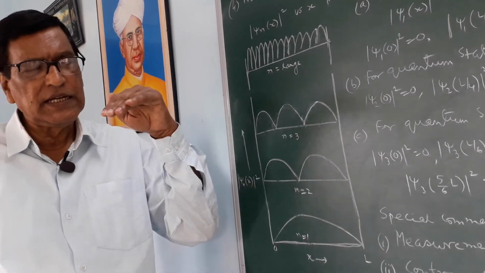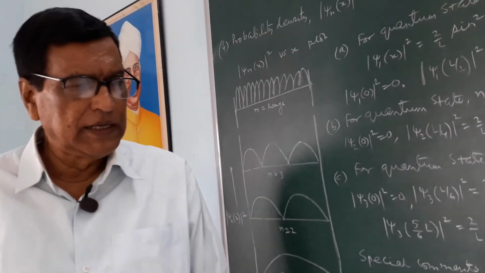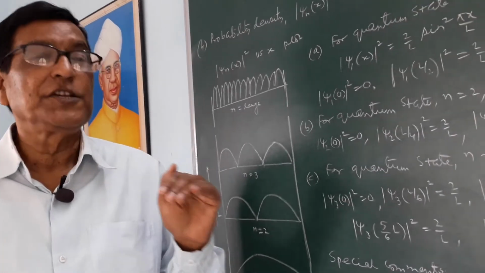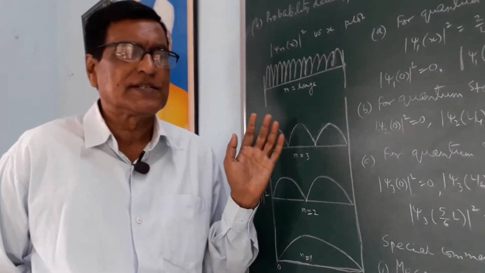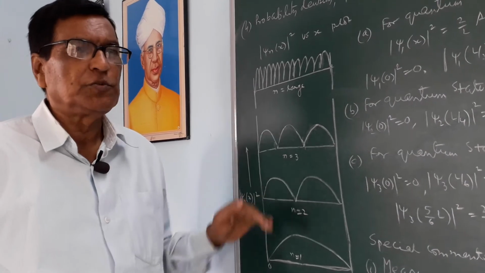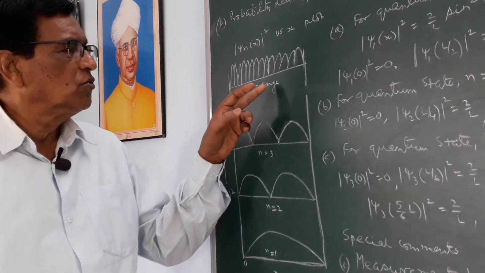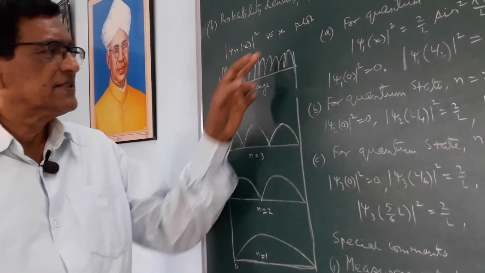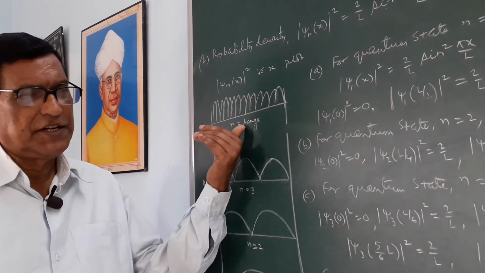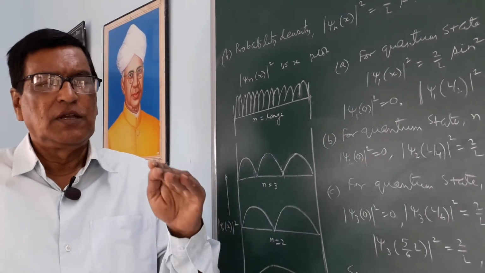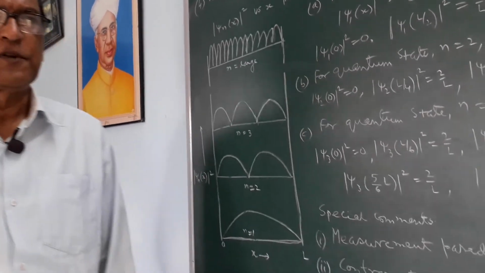It is similar to classical mechanics. Classical mechanics states that every location for the particle to be found is equally likely. So whenever n is very large, the quantum mechanics results correspond to the classical results, according to Bohr's correspondence principle.